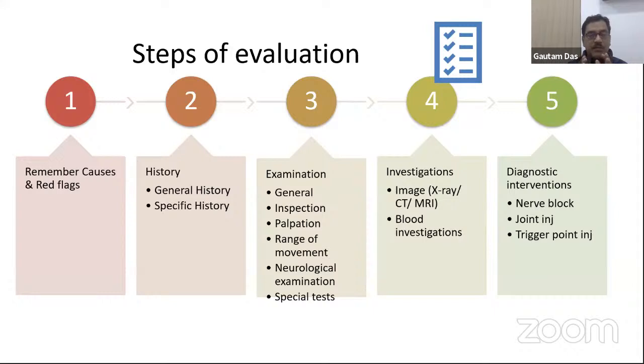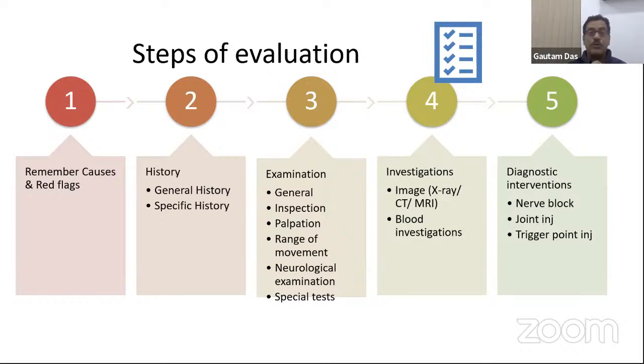Same way, in the cervical area the disc becomes dehydrated much earlier. Normally in the 30s, 40s itself the disc gets dehydrated and becomes fibrotic. So it starts in the 30s, and in the 40s most of the cervical discs become dehydrated and fibrotic. That means cervical internal disc disruption is much less common than in the lumbar disc.